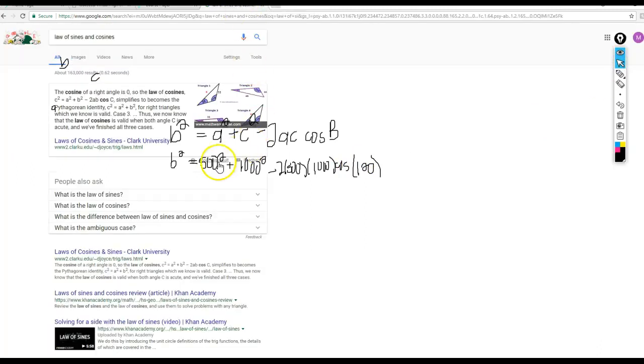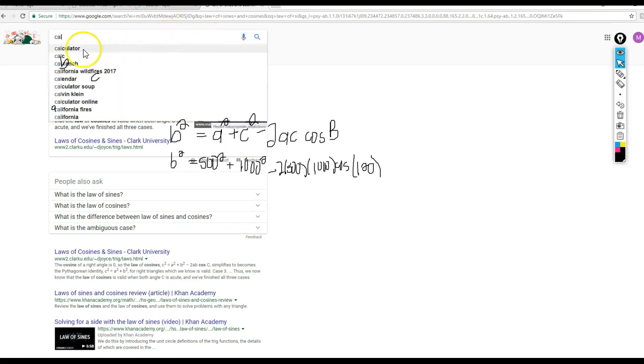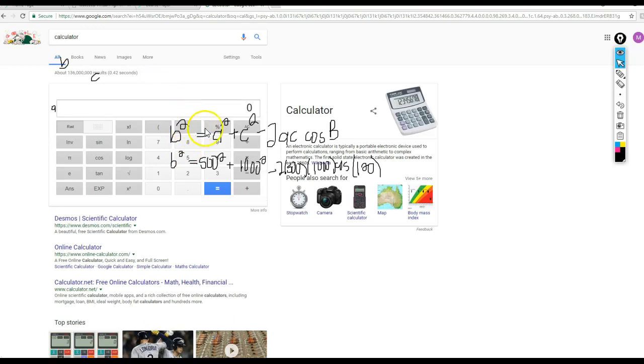And I can type this into my calculator. Make sure that your toggle switch is in degrees. So we can type in 500 squared.